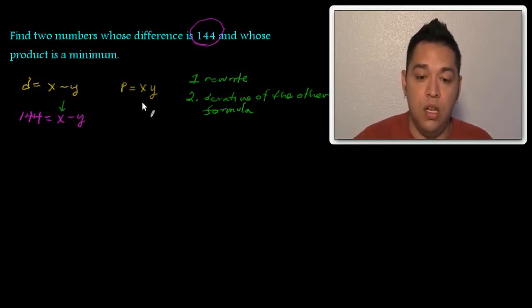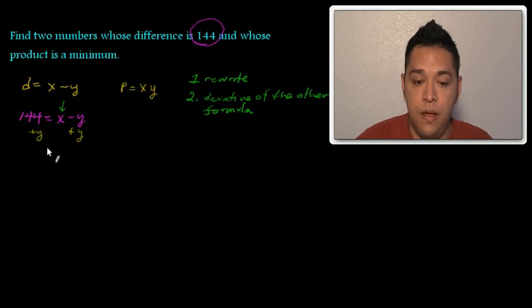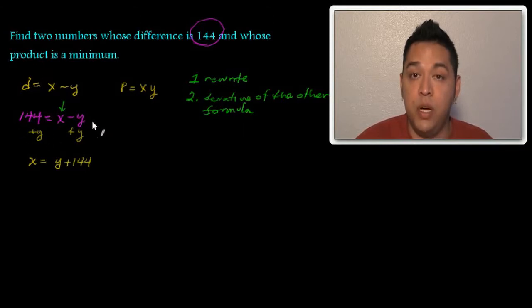So let's see what I get. Like I said, I'm going to solve for x, so I would first add y to both sides. Now I've rewritten this formula as y plus 144. It's exactly the same equation as the difference formula, just written a little bit differently. The second thing I need to do is take the derivative of p.